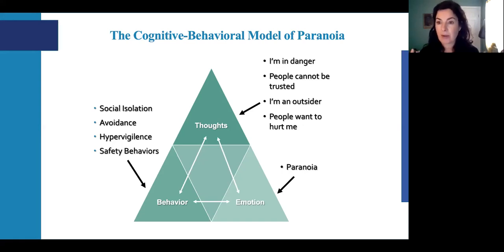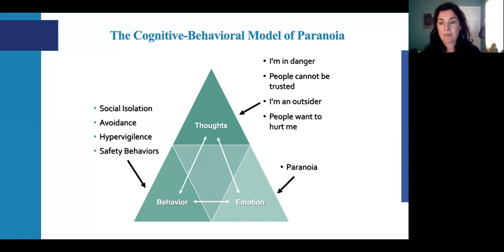And you can think about your own clients who have psychosis, who have these kinds of paranoid or delusional beliefs about safety and threat from others. They probably at one point or another have said some of these very same thoughts or derivations of them that you find in the top right corner here.